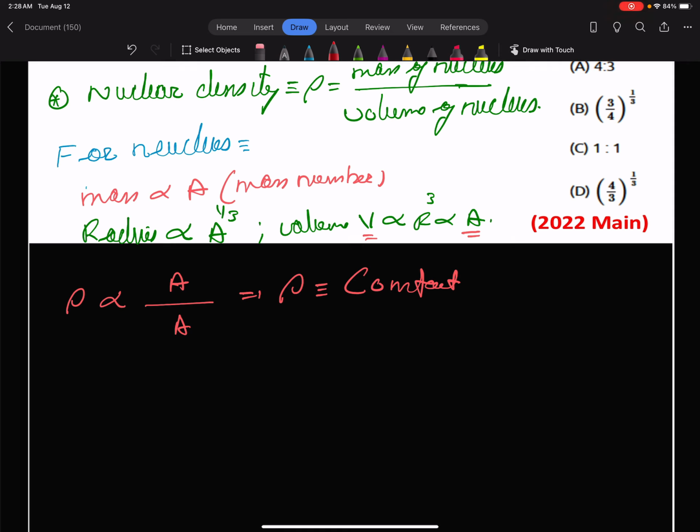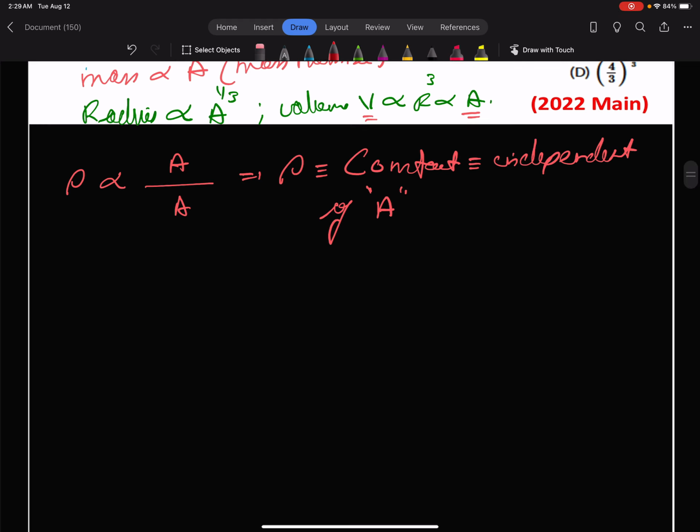We can also say from here that it will be independent of mass number, that is A. Option C is correct.